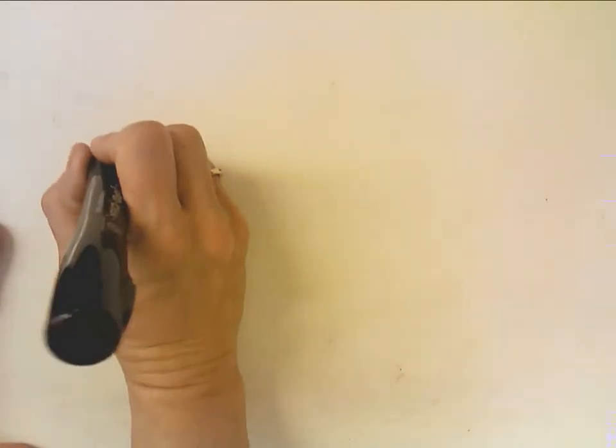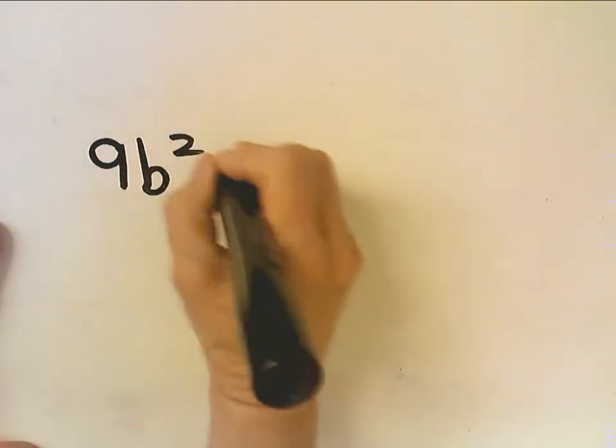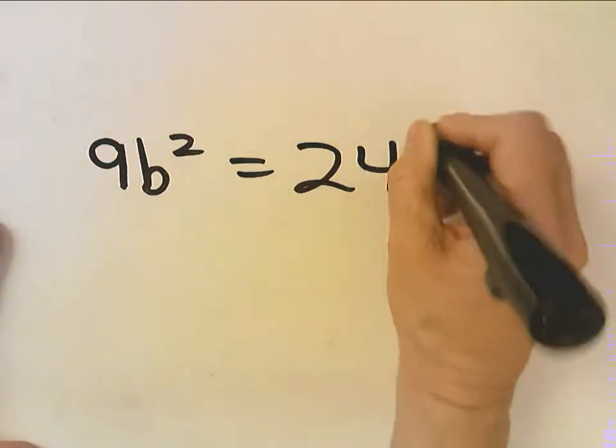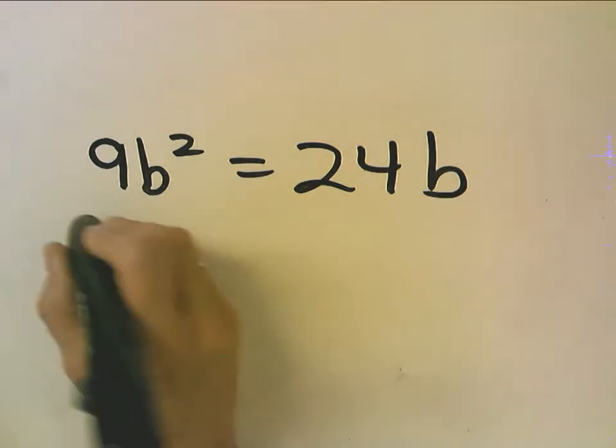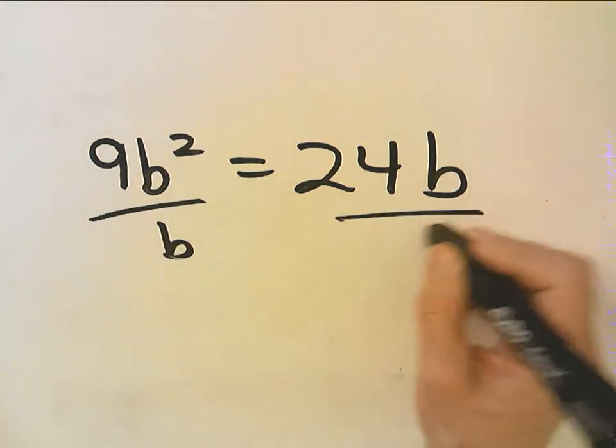Now, let's look at the next one. The next one is 9b squared equals 24b. Now, I know it might be tempting to divide by b. I think some people think you can divide by b. So let's see what happens.